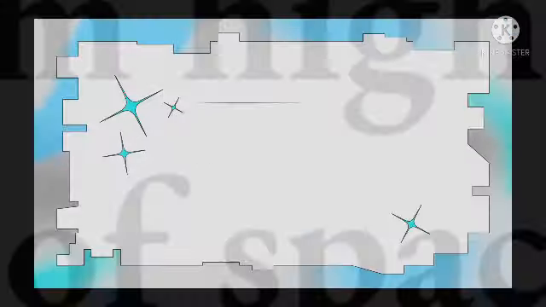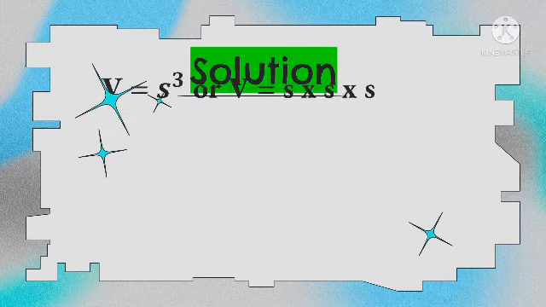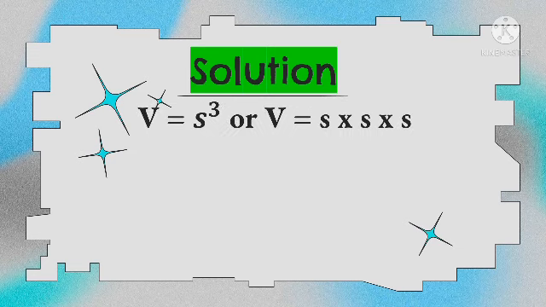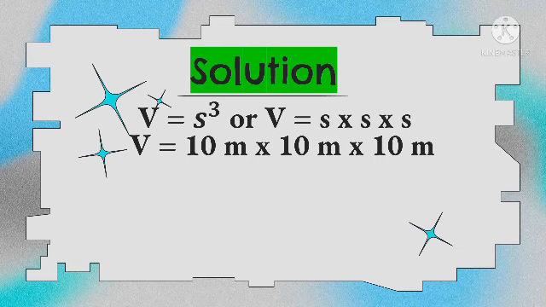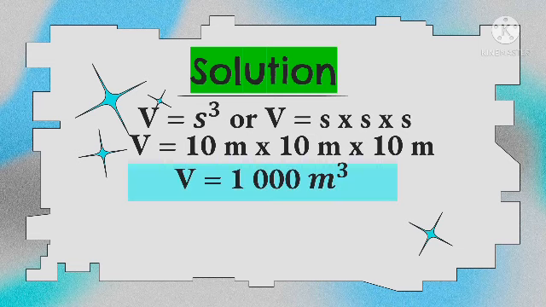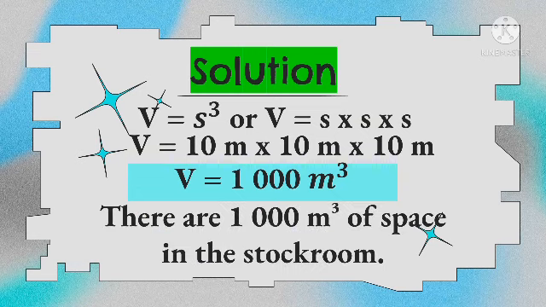So, we are going to use the formula in finding the volume of a cube, which is V equals S cube, or pwede rin namang S times S times S. Then, we will substitute the given values to the formula. V equals 10 meters times 10 meters times 10 meters. So, makukuha nating volume is 1,000 cubic meters. So, the answer now is there are 1,000 cubic meters of space in the stock room.